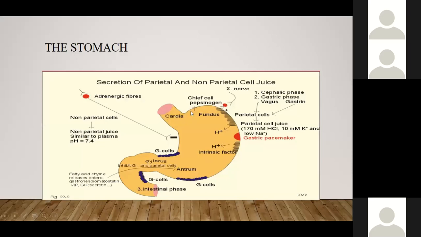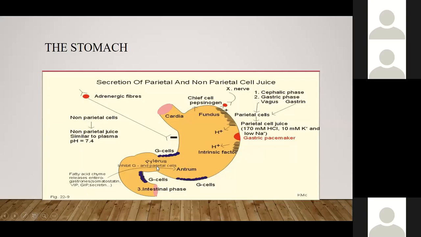Then there's this large part here called the greater curvature, and then the small part called the lesser curvature. From the cardia, the next big part is what we call the fundus. Then there's the antrum, which is here at the lower aspect.